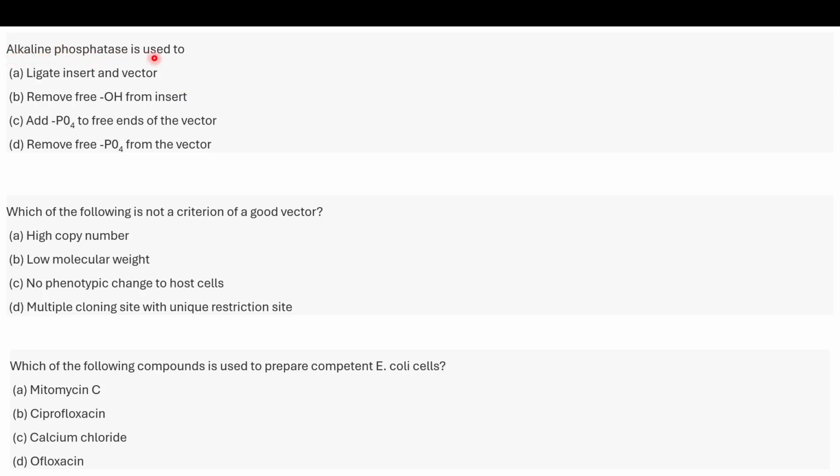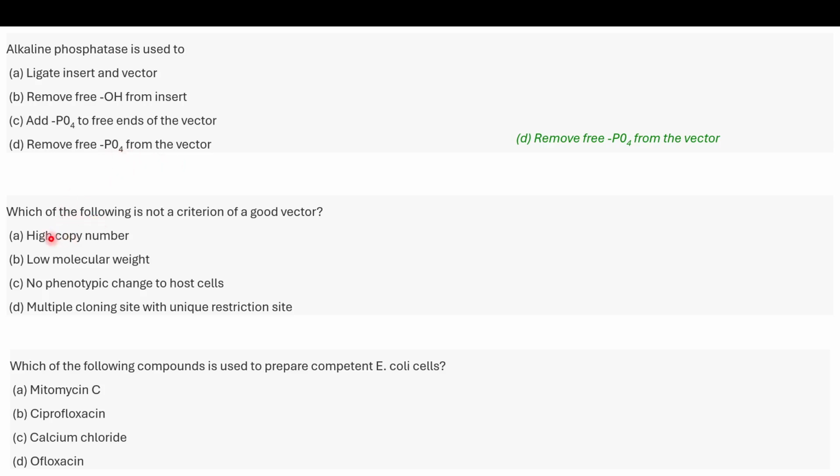So when we talk about alkaline phosphatase, this will be to actually remove phosphate groups from a nucleic acid sequence. Simply, out of these four options, option D will be the correct one. Definitely, this is one of the treatments that is used to ligate insert and vector. This is correct, but its exact activity, what is it used for? This is actually to remove the free phosphate from the nucleic acid sequence.